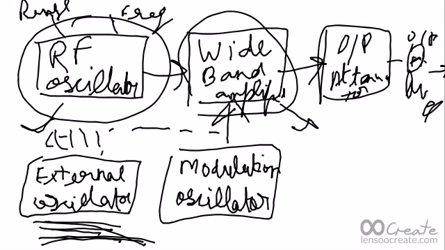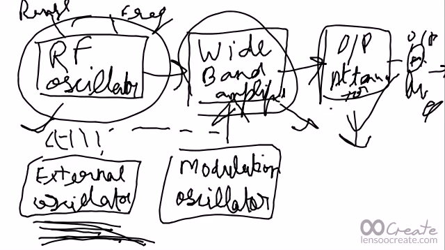And this wideband amplifier delivers its output, that is your modulated carrier, to an attenuator. What is an attenuator? It varies the amplitude of the signal. It basically decreases the strength of the signal so that you can observe the entire output. And then the output voltage is observed in an output meter.